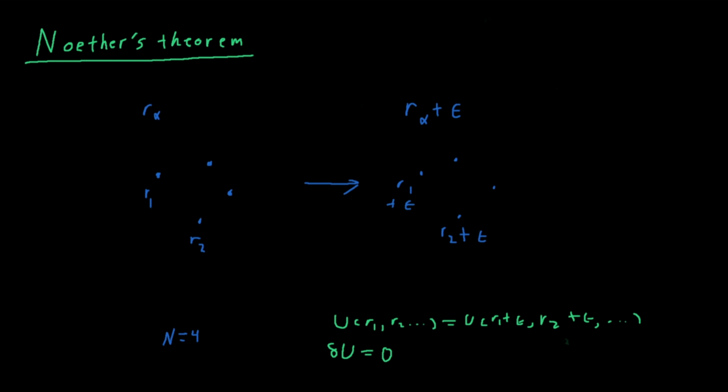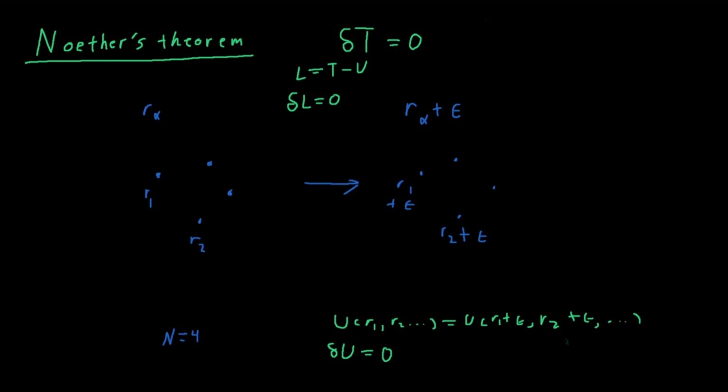Therefore, the change in kinetic energy is also going to be 0. So the Lagrangian is defined as the kinetic energy minus the potential energy, right? And so if the kinetic energy and the potential energy don't change, then the Lagrangian doesn't change for this displacement.